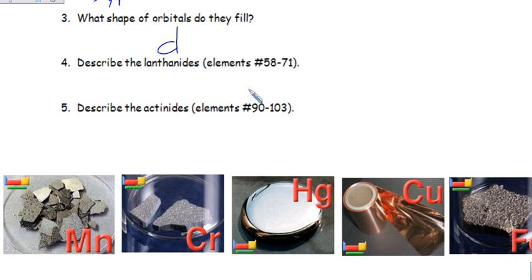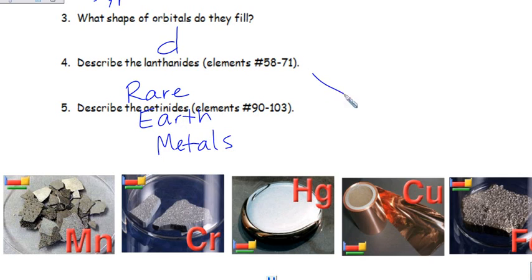The lanthanides and actinides, and again, we've mentioned that they're pulled out, often they're called the rare earth metals. More specifically, in general, we can just make note they're unstable.